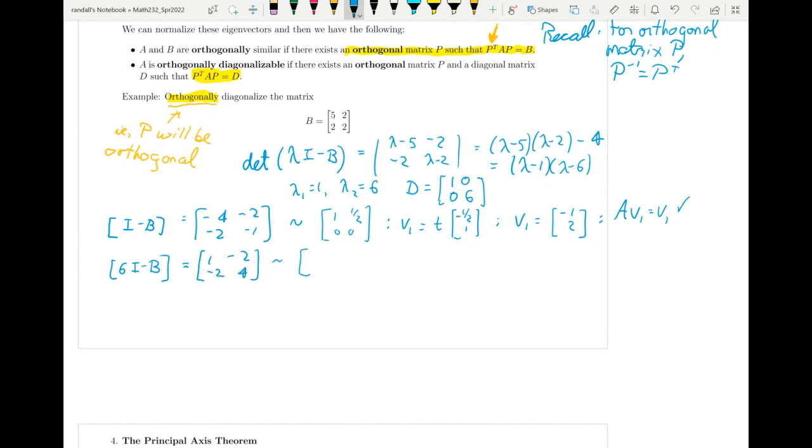I will reduce that matrix to this one, and then I'll read off V2 straight off the matrix there. So I'll get 2 and 1. Let me call that my V2. Let me just rewrite it again here so they're all together. And then you can check that AV2 equals 6V2, just to check.